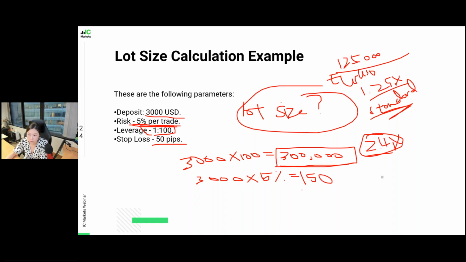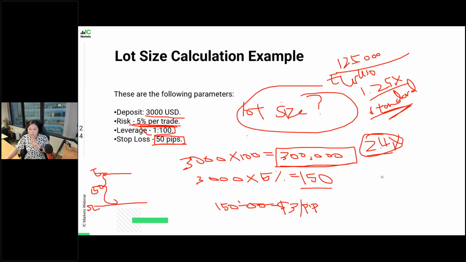So this person is only willing to risk $150. And given that there is a stop loss of 50 pips, my entry is here, stop loss is here, 50 pips, per pip I can only lose $3.